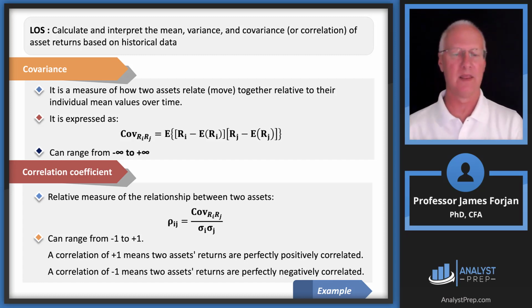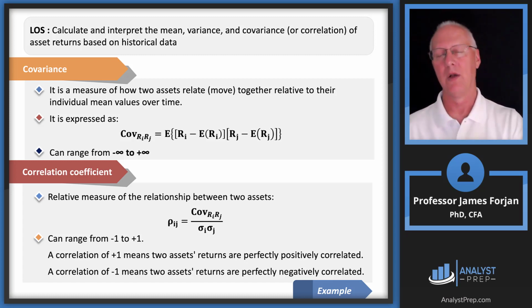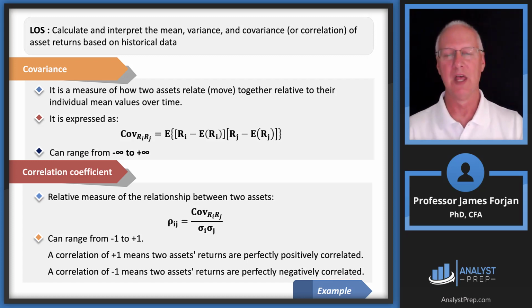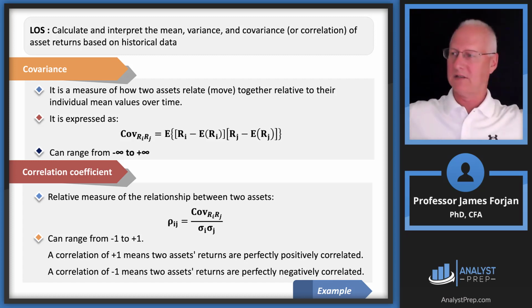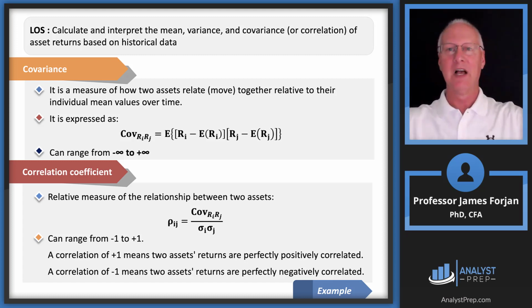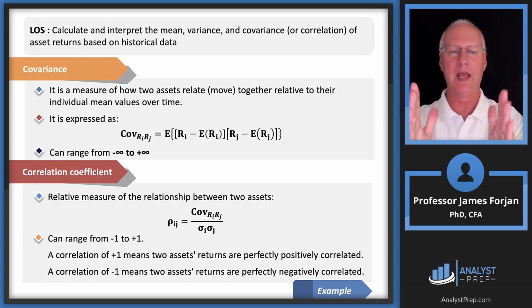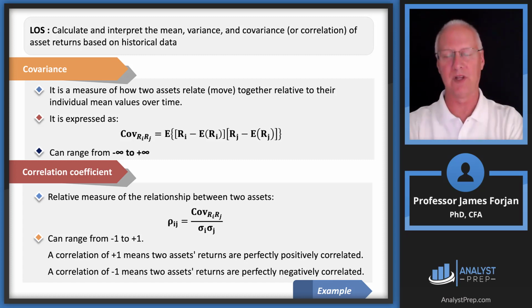So if you take the covariance between asset I and asset J and you divide it by the product of the two standard deviations, not the two variances, but the product of the two standard deviations, you get something called the correlation coefficient. And I'm guessing that you know this, that correlation coefficients, see how powerful I am, I got the vise, I'm squeezing it all the way, -1 to +1.